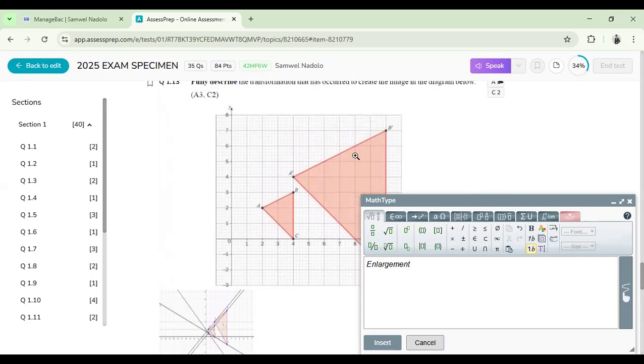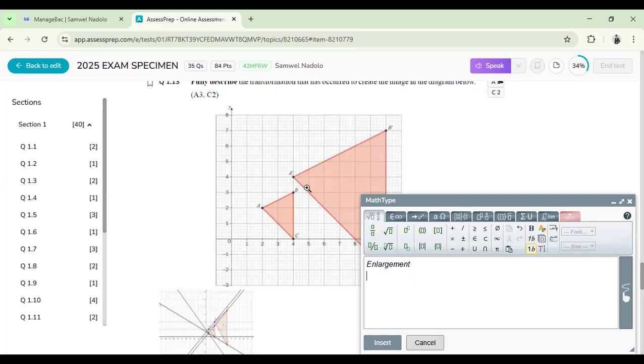All right, so you can get the scale factor by using the points you have been given. For example, I can use the coordinates of A prime and the coordinates of A, or I can use lines.